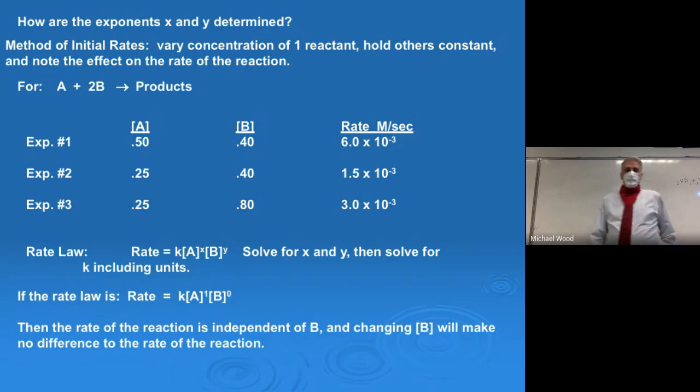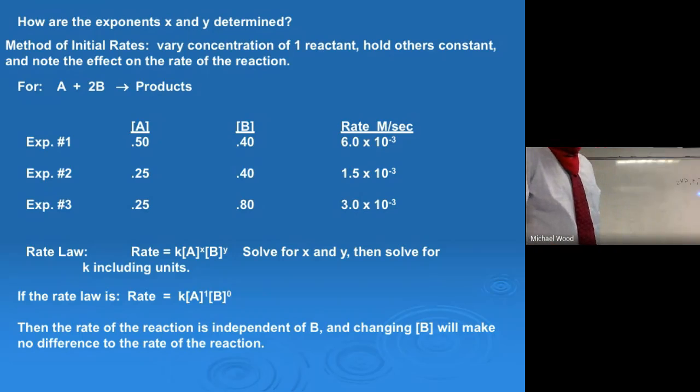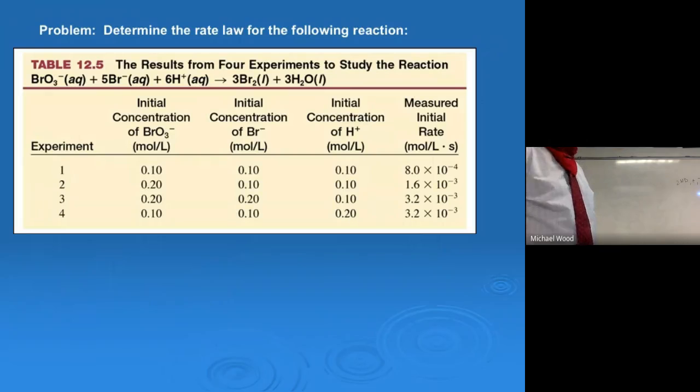Okay, I want to do another one of these. Not that these are that hard, but they're new. There's something that is new here. This data table is in our book, so let me see if I can find the page.